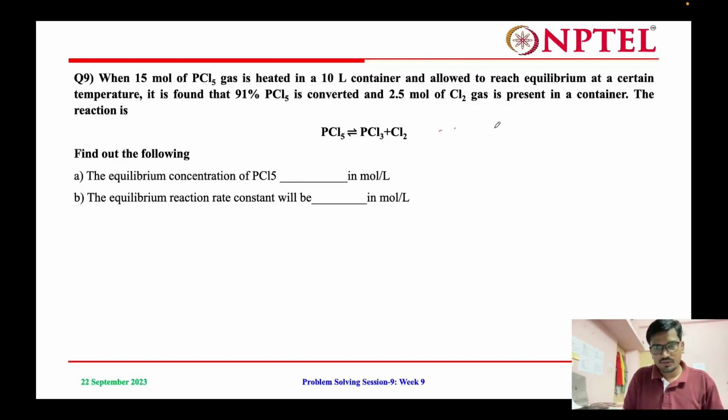So this is equation 1. You have to calculate the equilibrium concentration of PCl5 in mole per liter, then the equilibrium reaction rate constant.